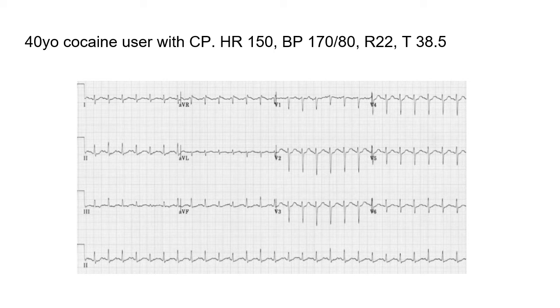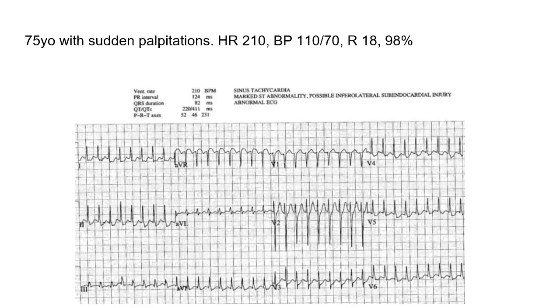And here we can see the P waves buried in that T wave. See that kind of camel hump. So it's a sinus tachycardia. With cocaine, we'll just treat this with Ativan and fluids. Like a benzodiazepine and fluids, and we don't need to do any sort of AV nodal blockers or anything like that. Okay? Great.